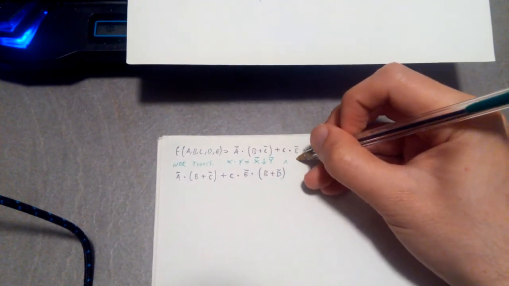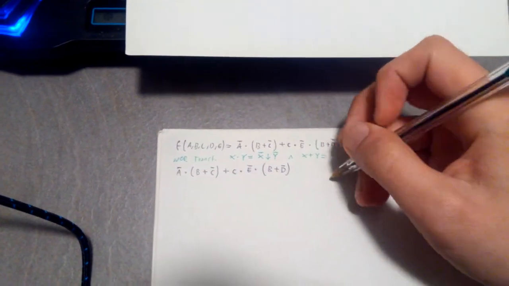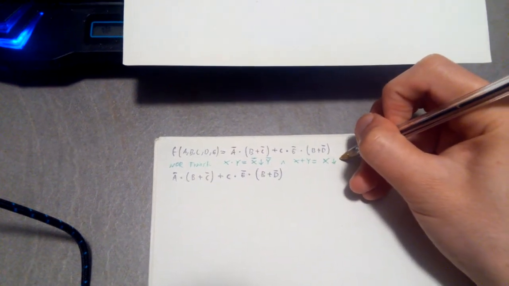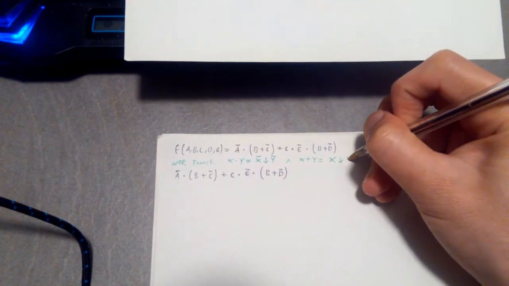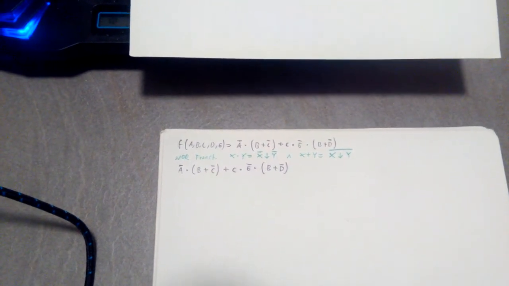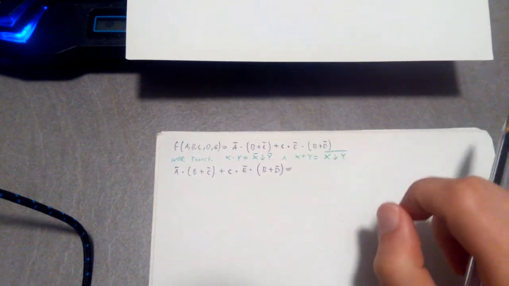And x plus y is equal to x arrow down y, everything with a naught. So let's do the same thing as before, but using those two properties.